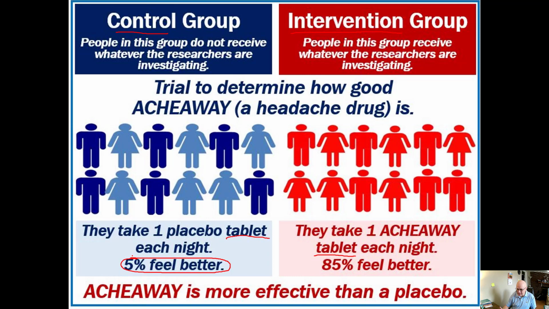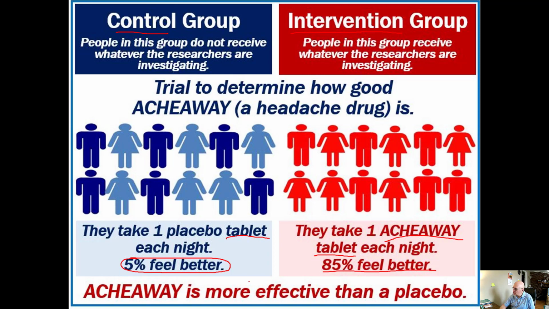They think they're taking the medicine. Over here with the Ache Away tablets, 85% feel better. It sounds like Ache Away might be pretty good. You want to go out and get some this afternoon? Anyway, the results are the Ache Away is more effective than a placebo. Placebo made 5% feel better. The Ache Away, 85%. Let's go get some of that.